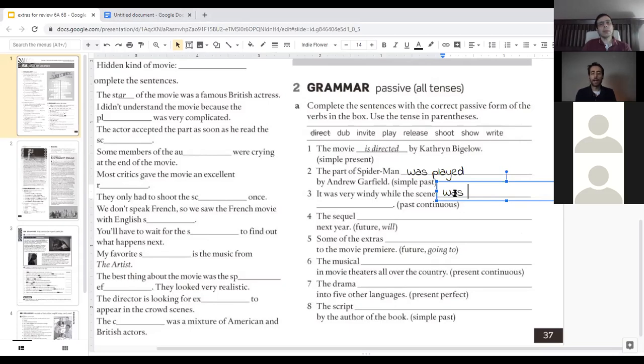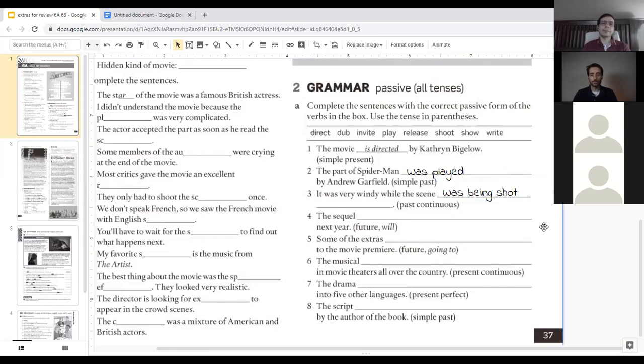Was being shot. The participle version of shoot is shot. Was being shot. Irregular.